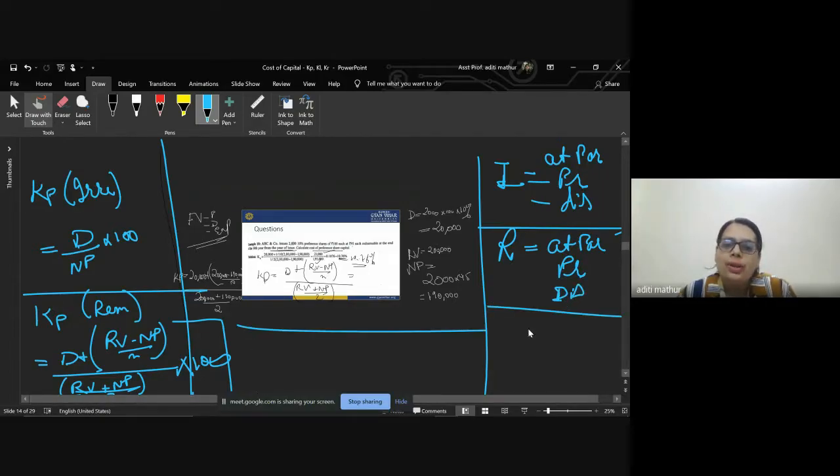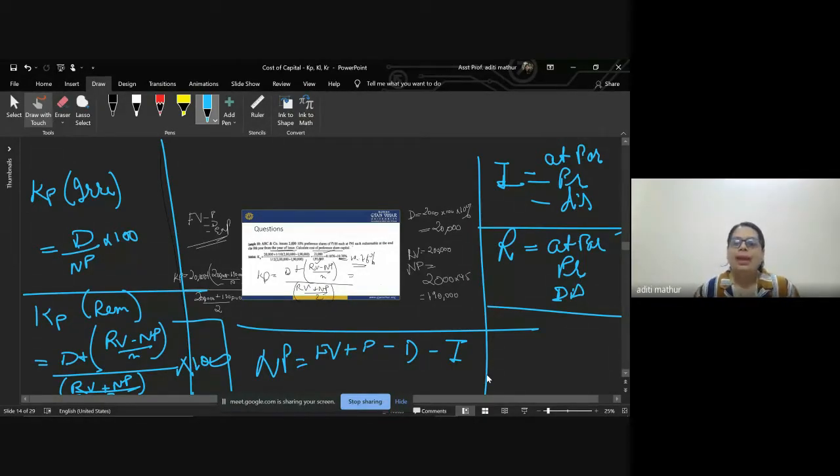We should also recap the formula of net proceeds, which is face value of security minus discount, or face value of security plus premium minus issue expenses like commission, brokerage, underwriting, printing, etc. Right? So in a nutshell, this is a very short way to tell you how to calculate KP.